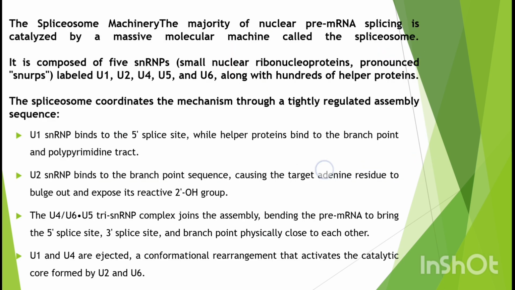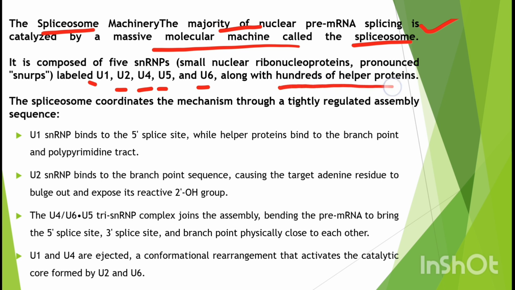What are the spliceosome machinery, the tools? The majority of nuclear pre-mRNA splicing is catalyzed by a molecular machine called the spliceosome, which is composed of small nuclear ribonucleoproteins labeled U1, U2, U4, U5, U6 along with hundreds of helper proteins.